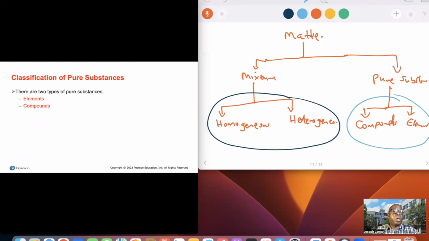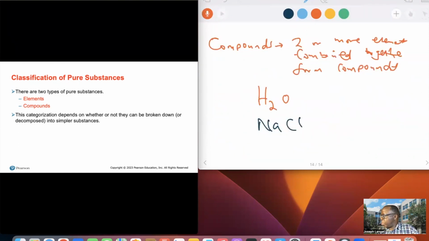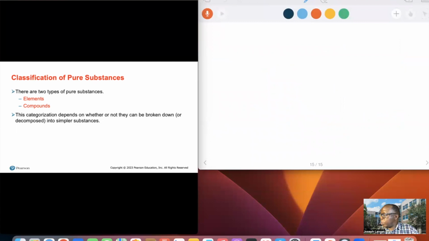Now, there are two types of pure substances. On this side of the flowchart, elements and compounds. Elements cannot be broken down into simpler substances. Elements include, on the periodic table, you see here, elements.